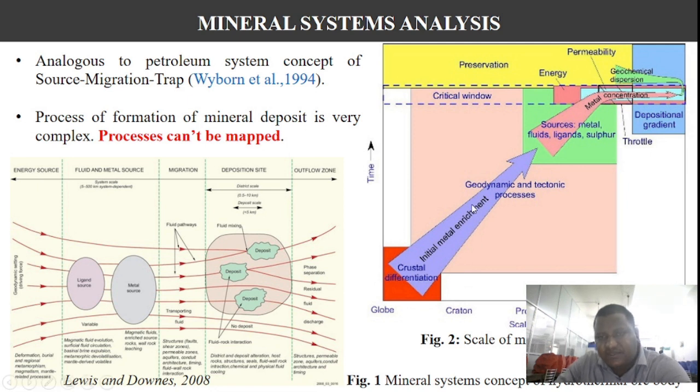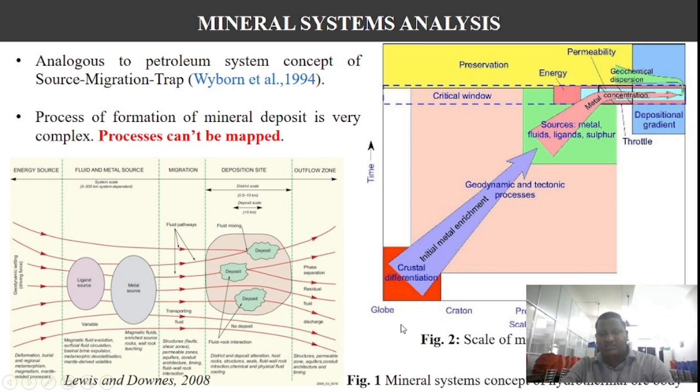In the figure on the right side, we can understand the scale of the mineral systems concept. On the x-axis, the scale has been shown, and on the y-axis, time has been shown. The scale axis ranges from global scale to deposit scale.